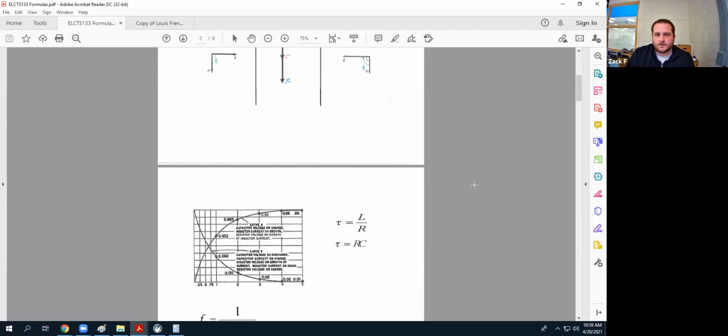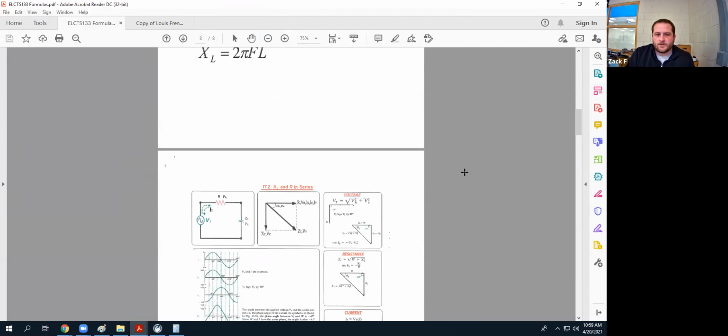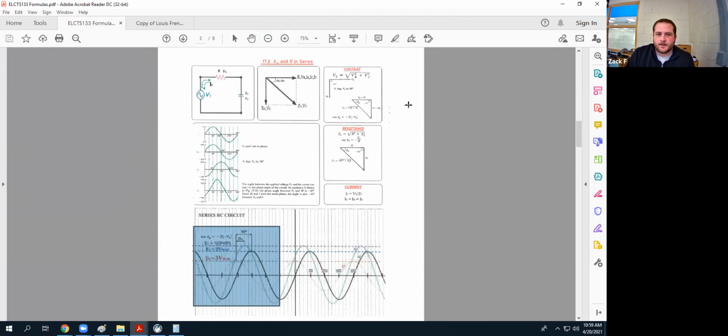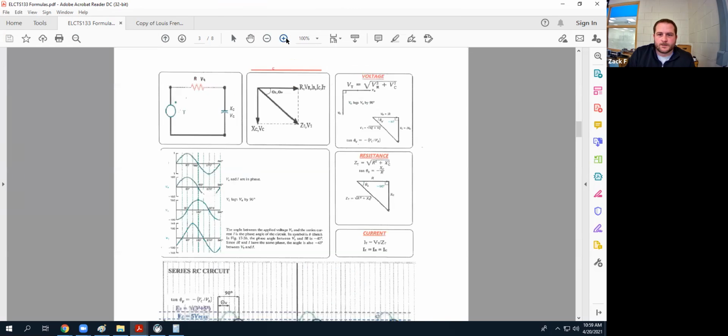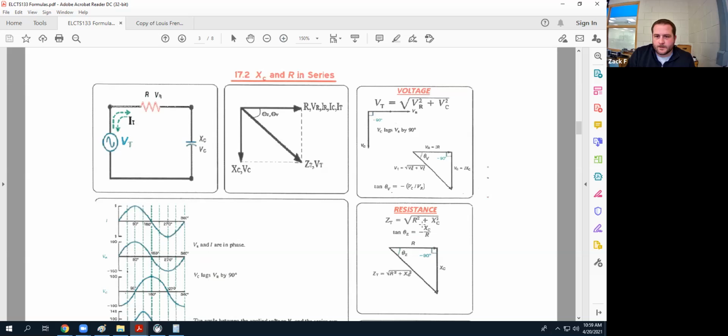What does it have to offer us? If I'm you, I'm looking at this page because it says capacitive reactance and resistance in series. Can we solve for total resistance or impedance? Yeah, we sure can, because we have a resistance value and a capacitive reactance value. This formula is derived using the triangle below, but we don't really care. We have a formula, so we're happy.